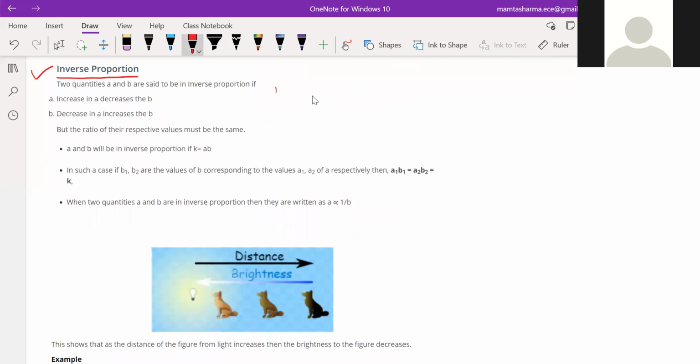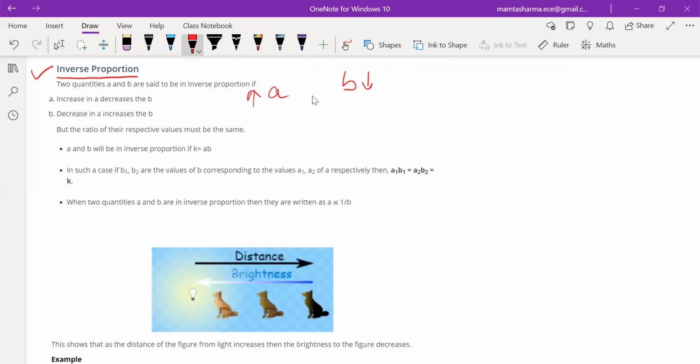Inverse proportion: if there are two quantities, A increases, B would decrease. For representing them in an inverse proportion, the same symbol is used. Only here there will be a change. A will not be proportional to B. A will be proportional to 1 by B. This is the representation of inverse proportion.